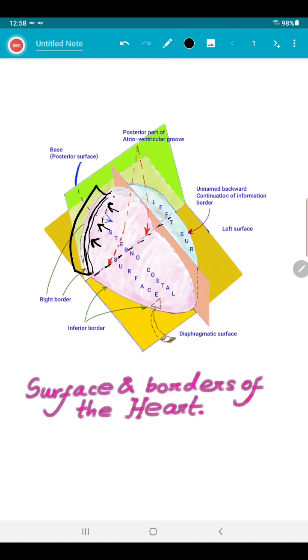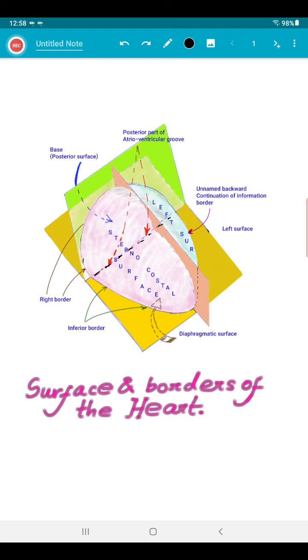So sulcus terminalis outside, crista terminalis in the same position inside. Remember this, do not get confused. Sometimes the right border is described as the right surface, but that is not usually done.